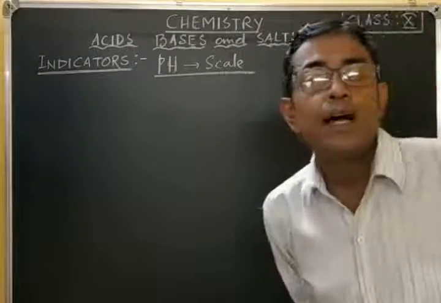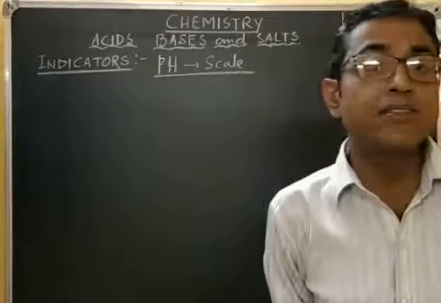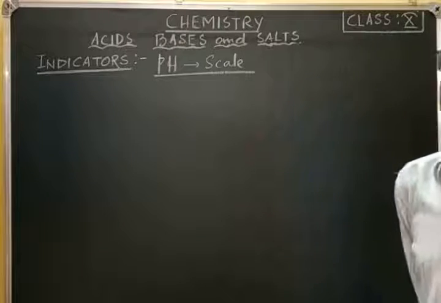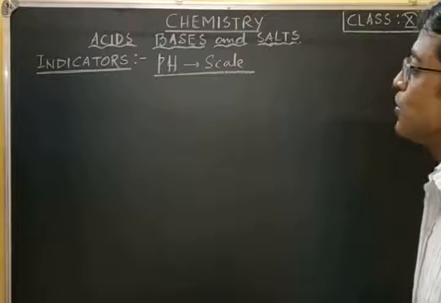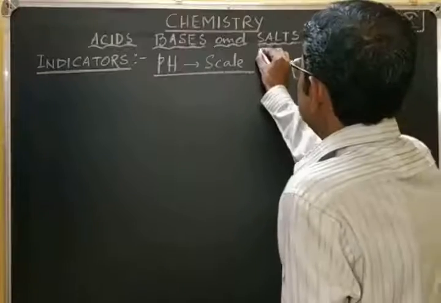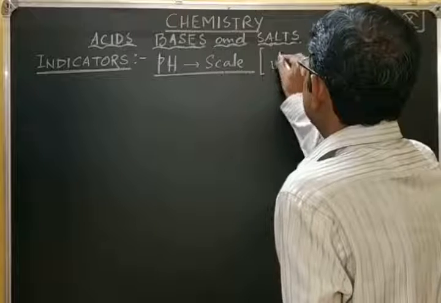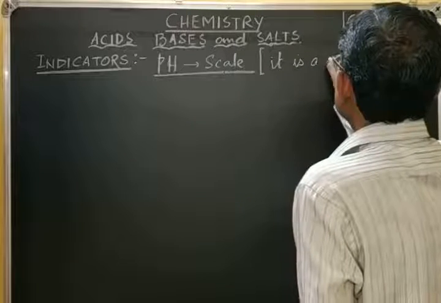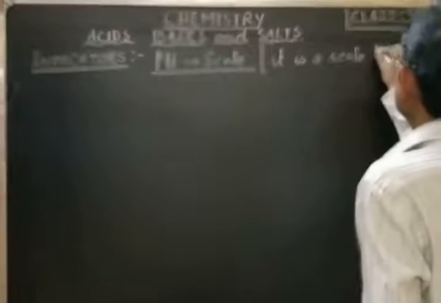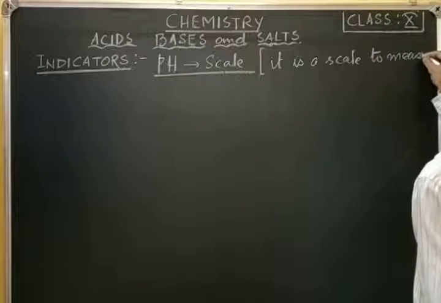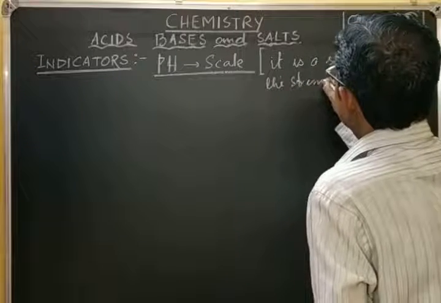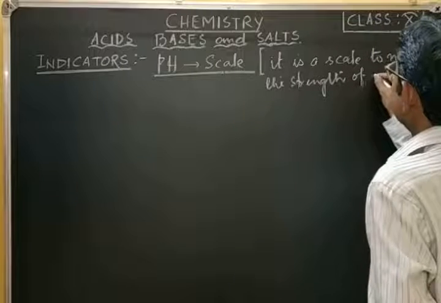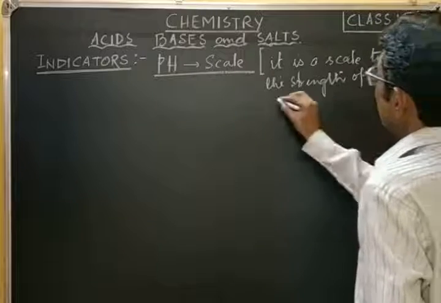If you take the strength of acid and base as a physical quantity, then its strength can be measured, and the scale which measures the strength of acids and bases is known as the pH scale. So it is a scale to measure the strength of acids or bases.